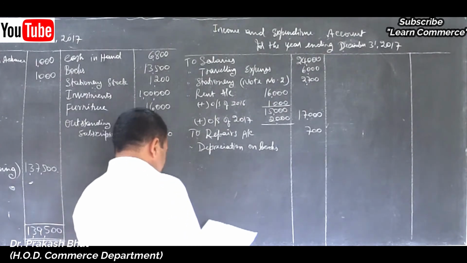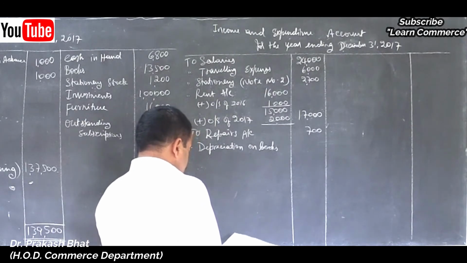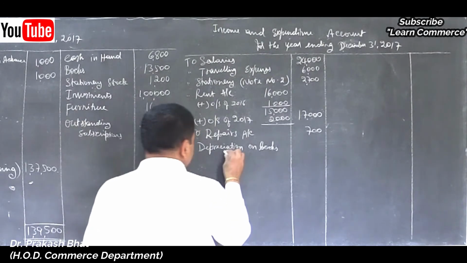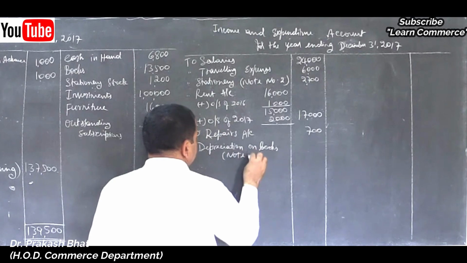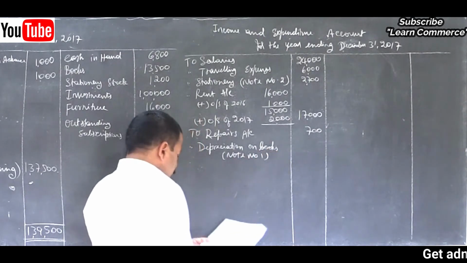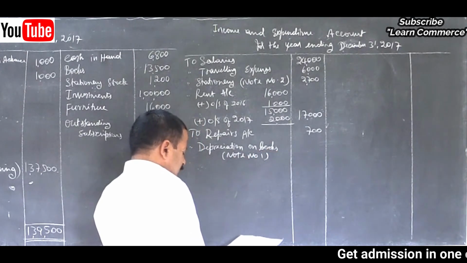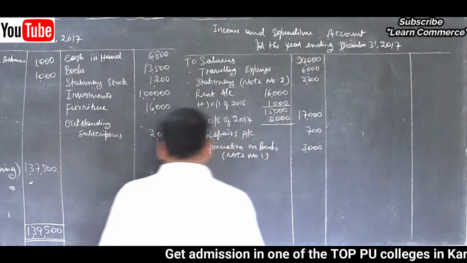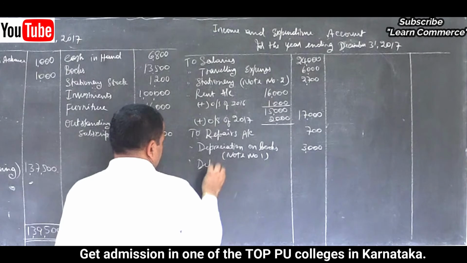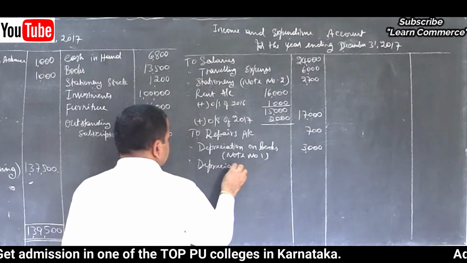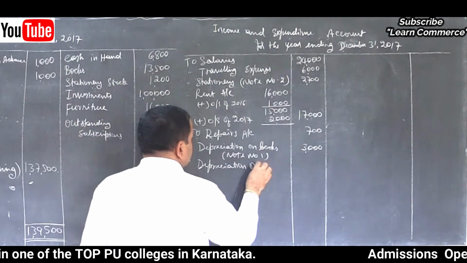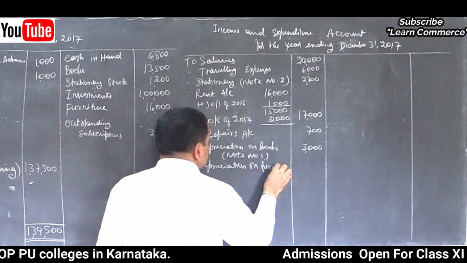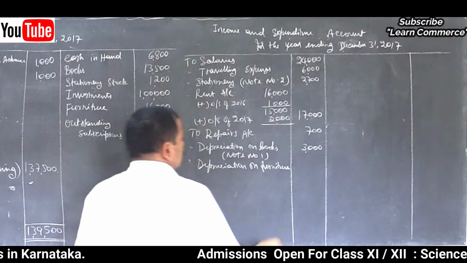Already we have calculated, right? Note number 1, write note number 1. No need to show the calculations here again. 3,000. Then depreciation on furniture, 2,000.